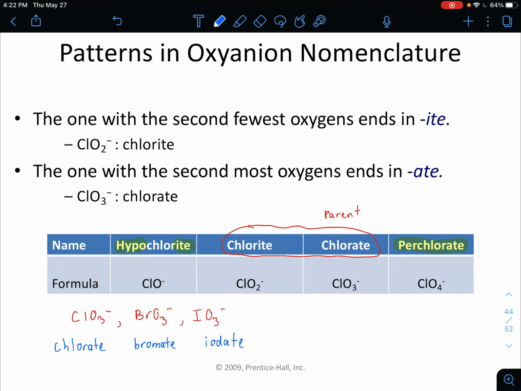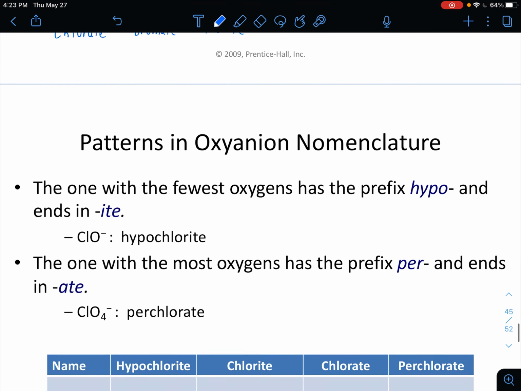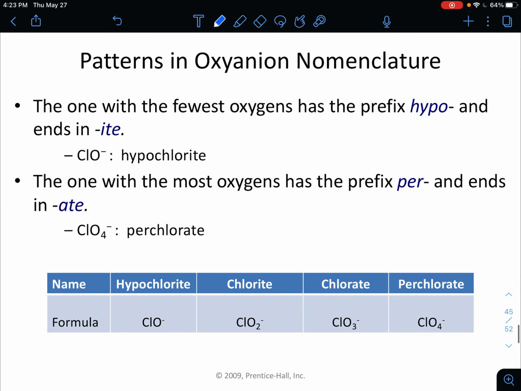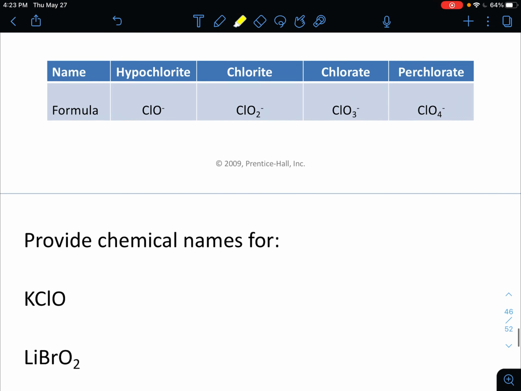So that's what you're going to see in our first bit of naming here. So here it's showing all of the variations, and the prefix hypo to be fewer than the chlorite and per to be more than the chlorate. So these are the 4 total that we have.